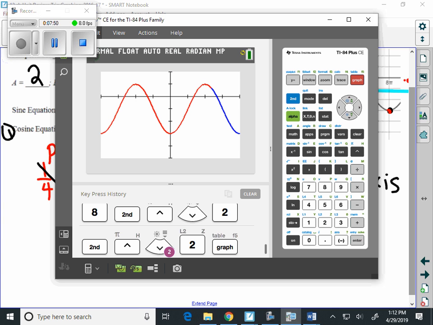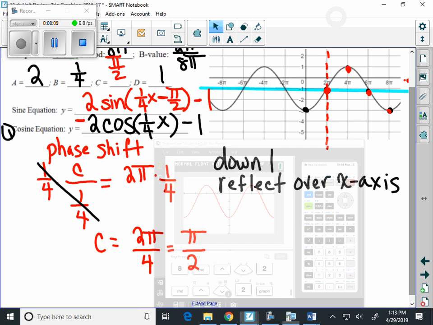There's the sine graph, and there the cosine graph lands right on top of it. So we should be okay. I'm not going to do that for the other problems necessarily, but that's something that you can use to self-check as you're working through this packet and as you're taking your test.